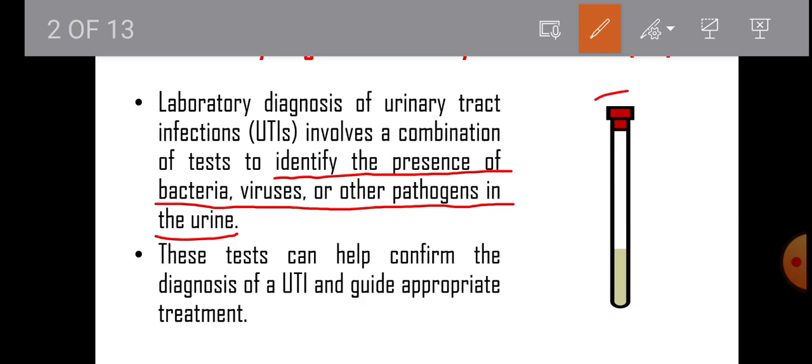Imagine this is the way we can collect the urine sample in the laboratory for analysis. Ultimately, the laboratory diagnosis helps us identify the presence of causative organisms in the urine. Further, these tests can help to confirm the diagnosis of UTI and guide appropriate treatment.